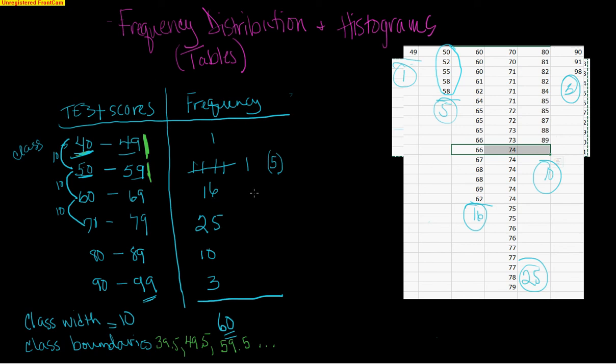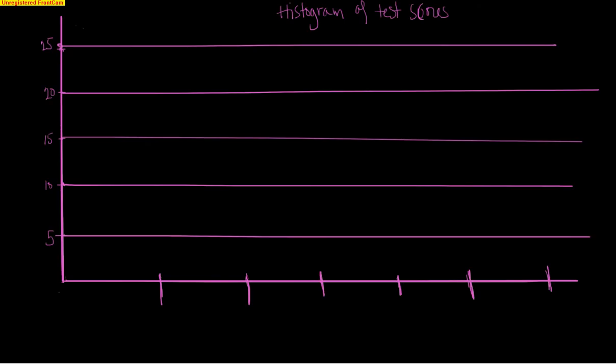We have distributed the data, organized it in equal size groups. Okay, what do we do with it now? All a histogram really is, is the graphical representation of that frequency distribution.